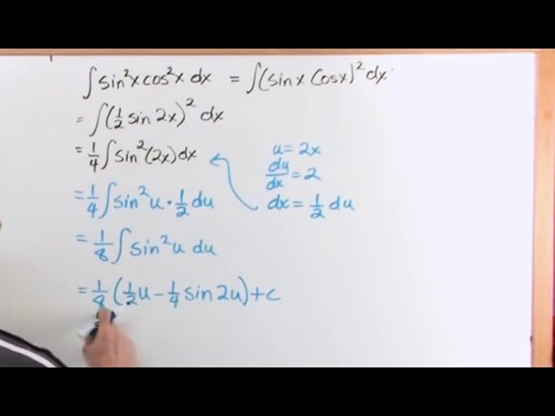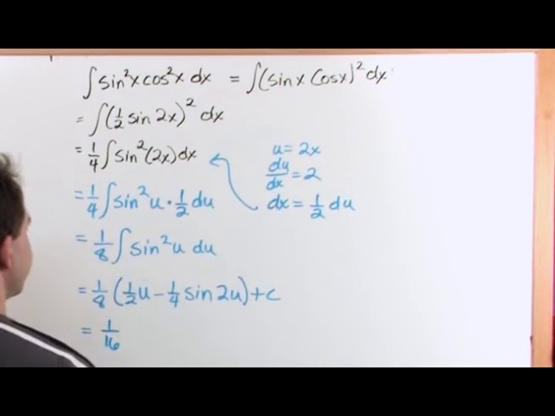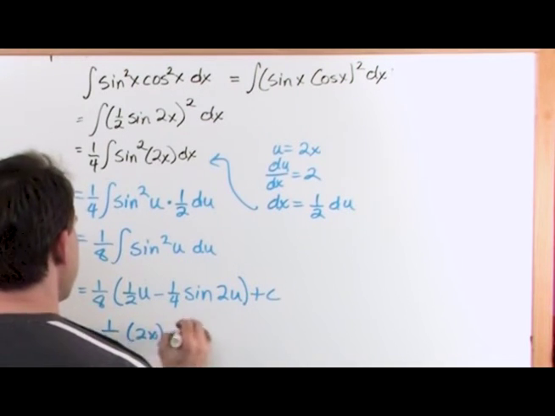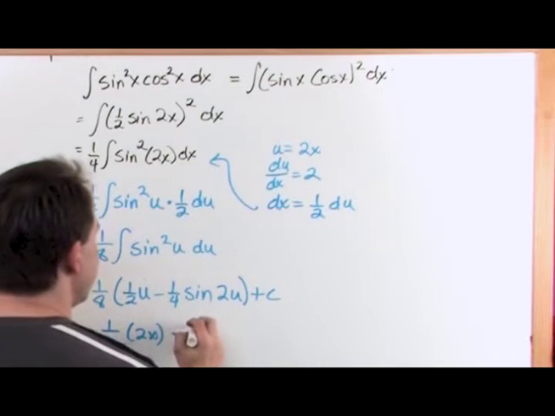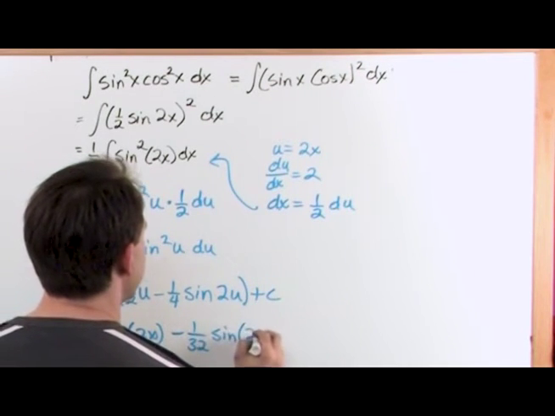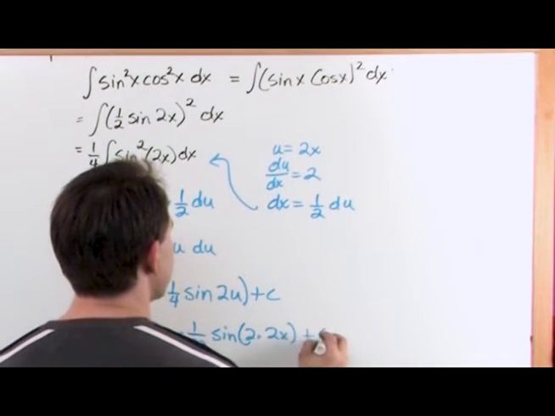Now let's simply substitute in for what I know, and multiply in while we can. So 1/8 times 1/2 is 1/16 u, which is 2x, minus 8 times 4 is 32, 1/32 sine of 2 times u. u is 2x, plus a constant.